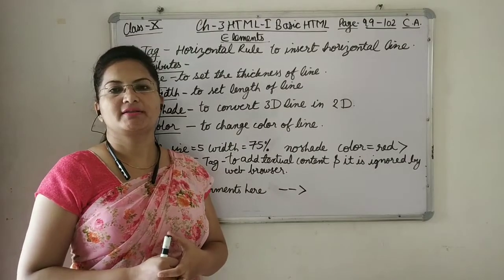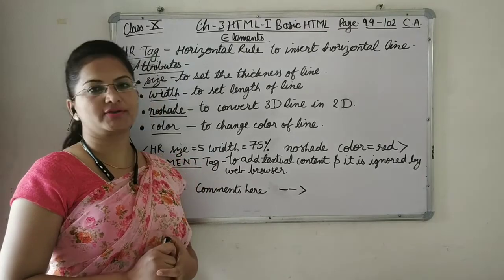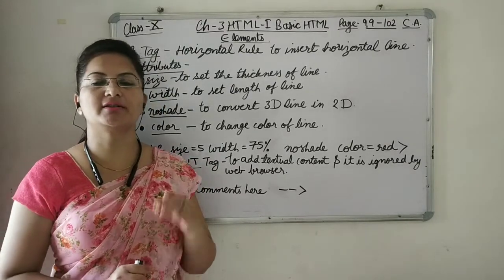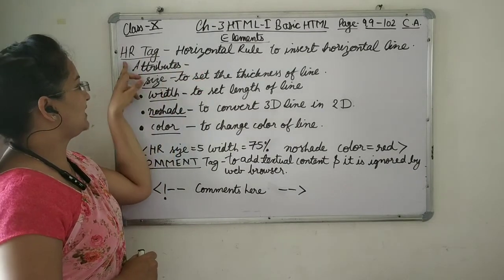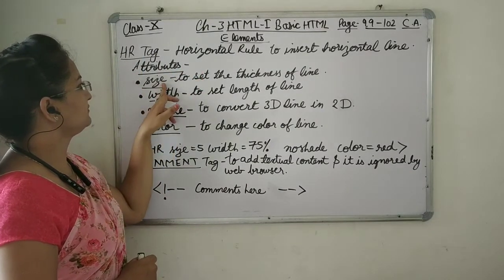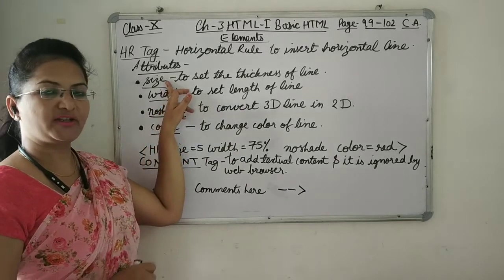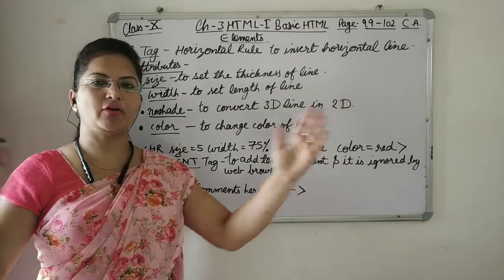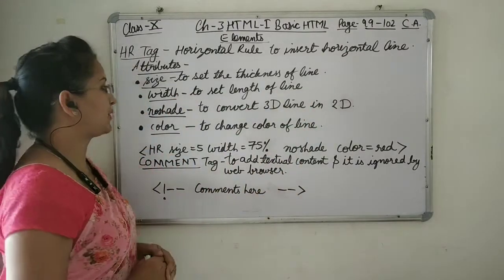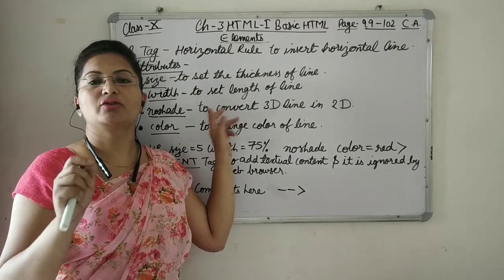Now students, another type of tag is the HR tag. Its full form is horizontal rule and it is used to insert a line in the web page. We write the HR tag, and there are four attributes: size to set the thickness of the line, then width to set the length of the line across the web browser, then noshade to convert a 3D line to a 2D line.